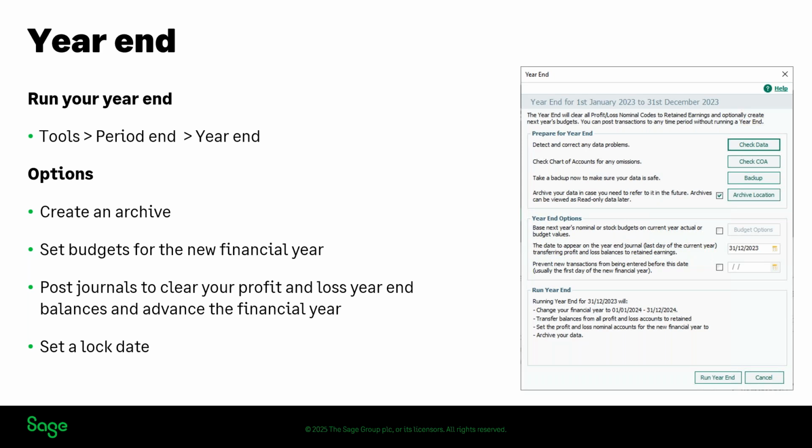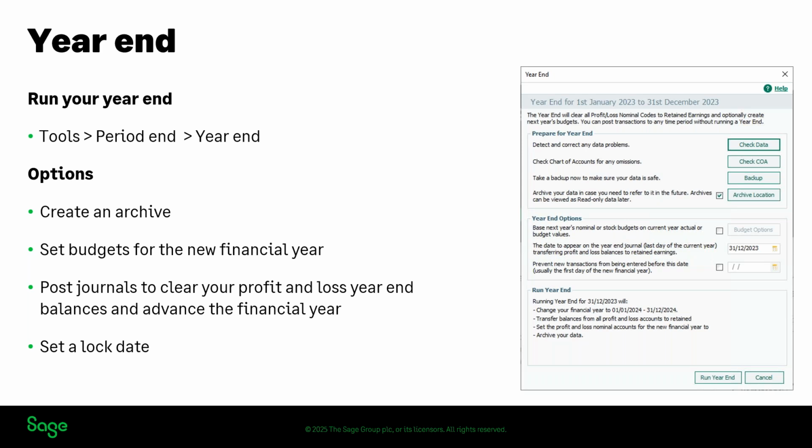You'll have an opportunity to set budgets for what will be a new financial year. The software will post journals to clear down your profit and loss balances as at the year end for the financial year that you're closing. And it will also advance your financial year as well. And you also have the option to set a lock date. I'll explain each of those as we run through.